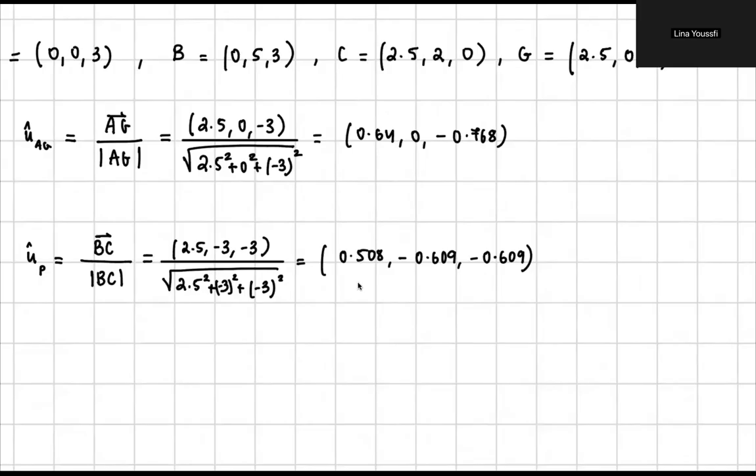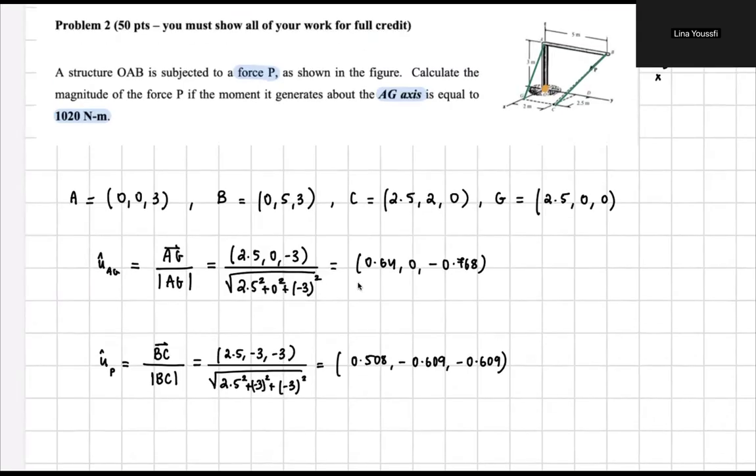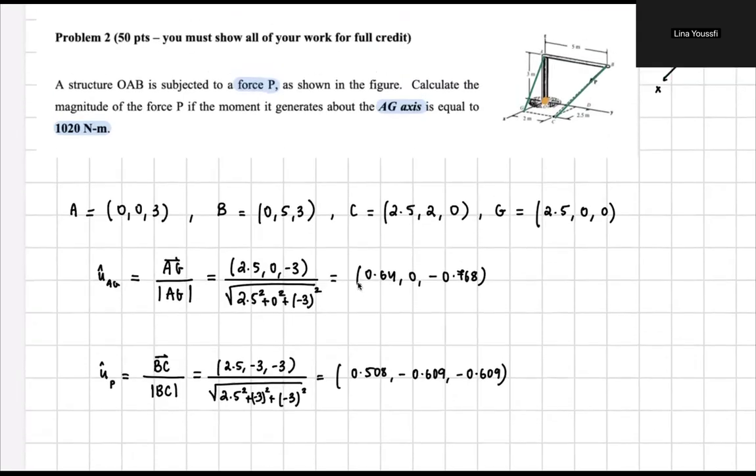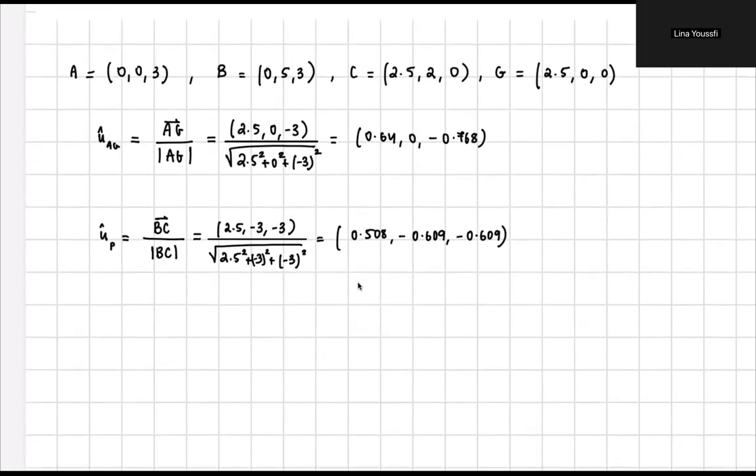Now we want to look at the position vector from A to B. In that case, it's just the distance between these 2 points.